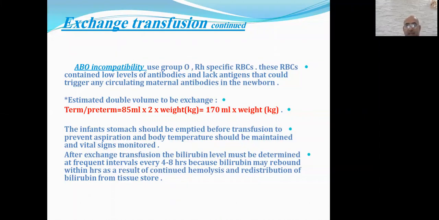For example, the mother O and the baby A, we can use O positive Rh.